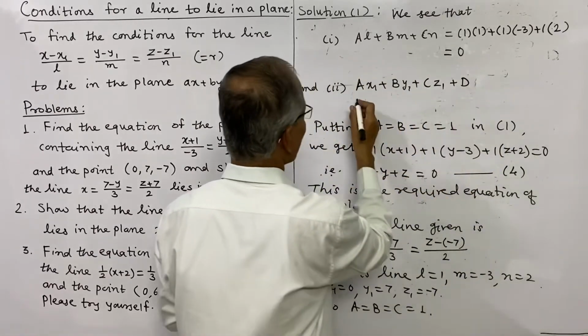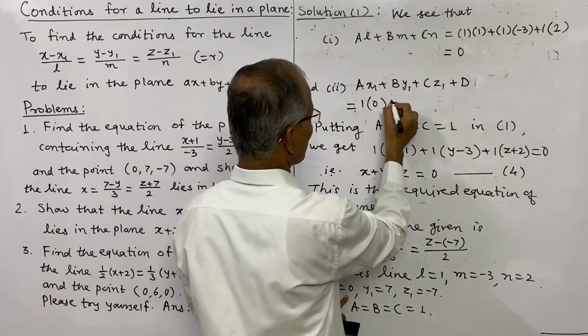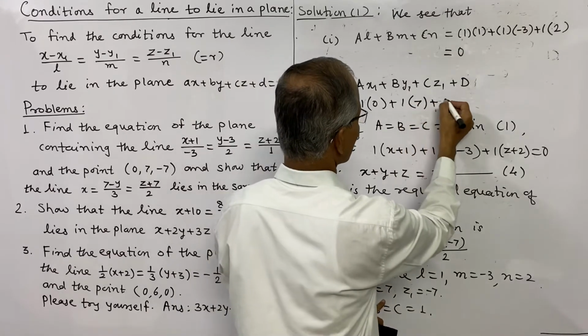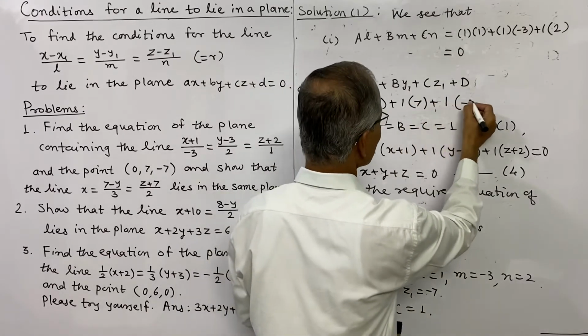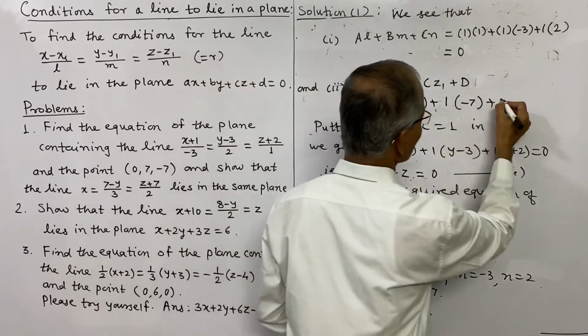Now, A is 1, x1 is 0, and plus B is 1, y1 is 7, and C is 1, z1 is minus 7, and D in the equation of the plane is absent, 0.